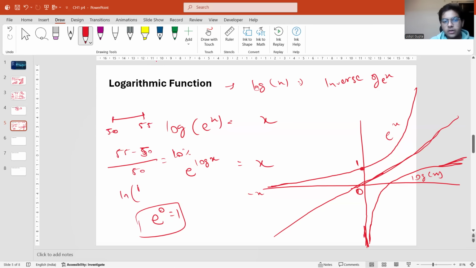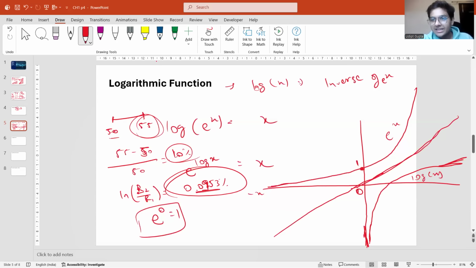Log return will be the log of R2 divided by R1, that is, log of 55 divided by 50. It will be 0.0953, or about 9.53%. So when this number compounds continuously at this rate, you will get the 55 number. When it compounds discretely, the rate is 10%. This is how logs are used.